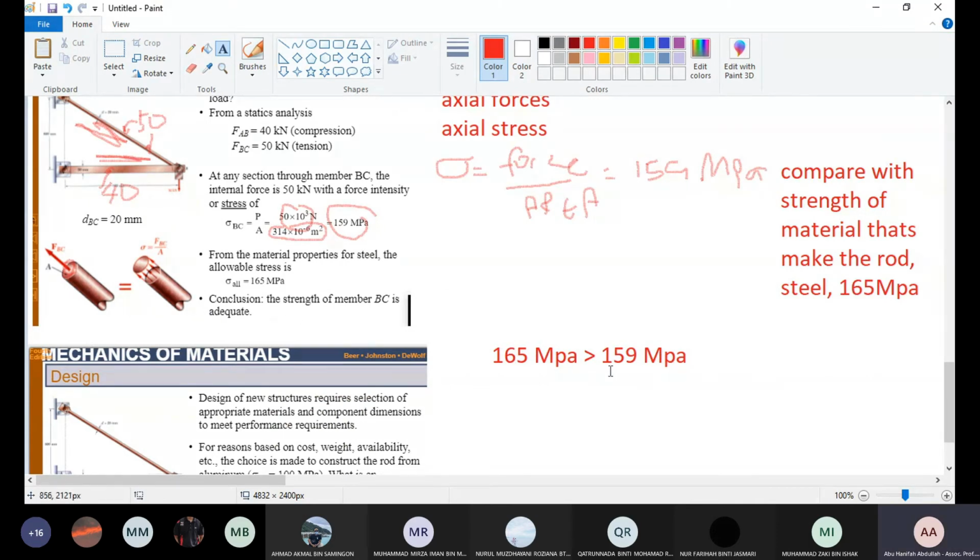From the forces, you can determine the stresses, and you compare to the material that make the rod and the beam, and looking at the calculated stresses against the material stress, then the part is still safe, so the structure will not fail.